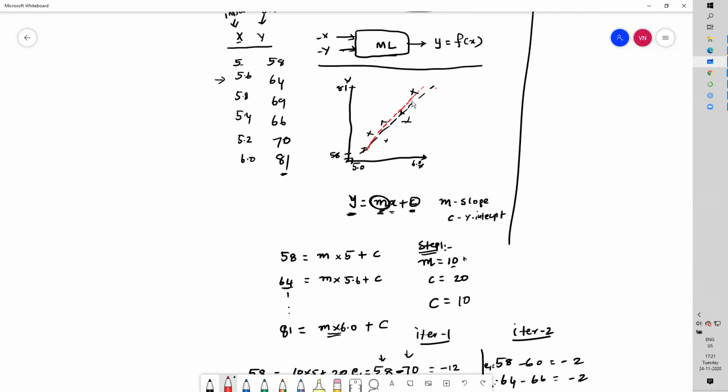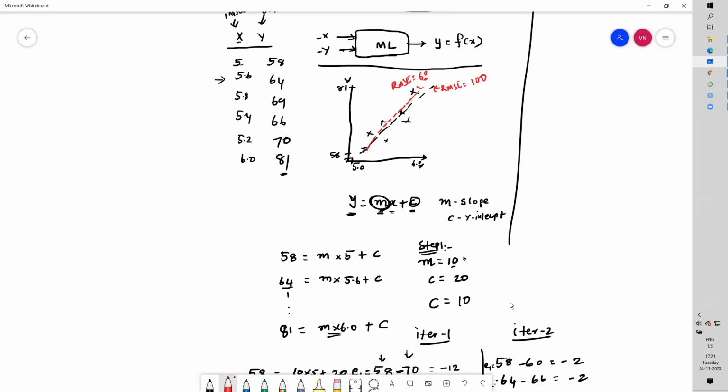So let's say for the black line, we got an RMSE value of, let's say, 100, and for the red line, we got an RMSE value of, let's say, 60. Now, which is better? Obviously, the red line is better because it has the least value for RMSE.